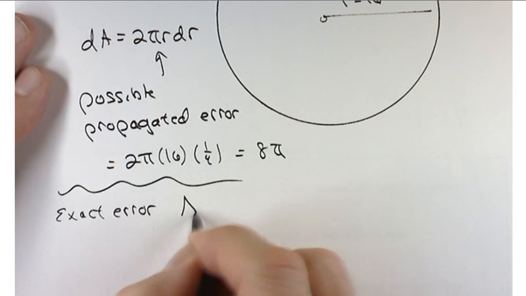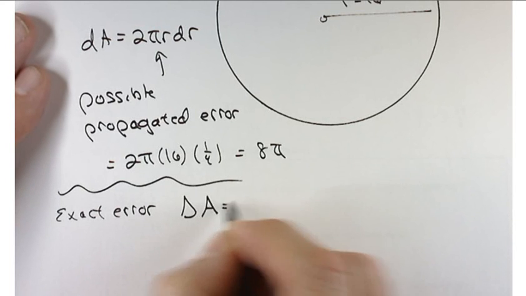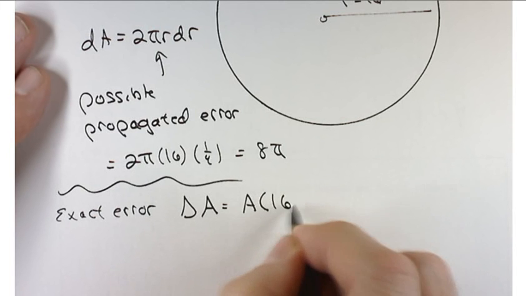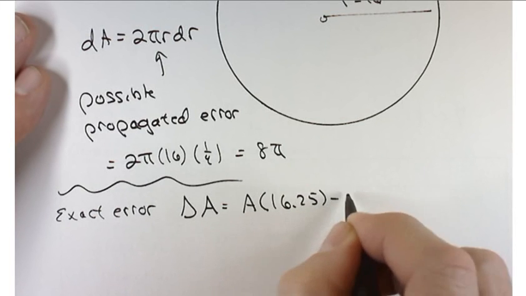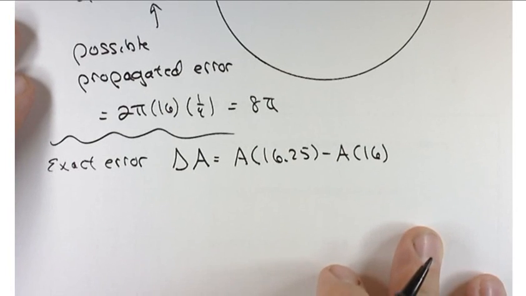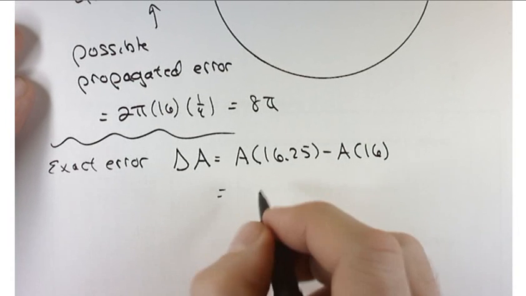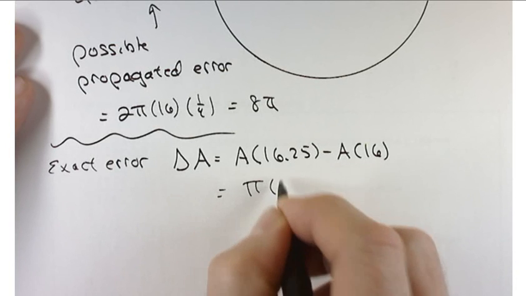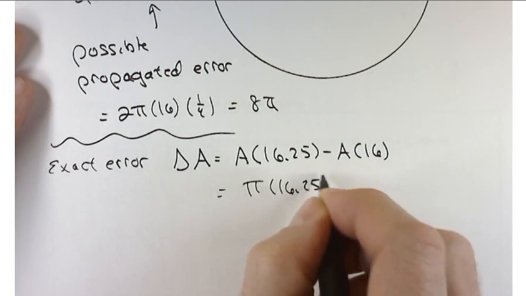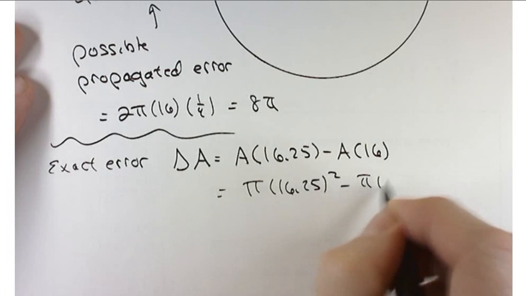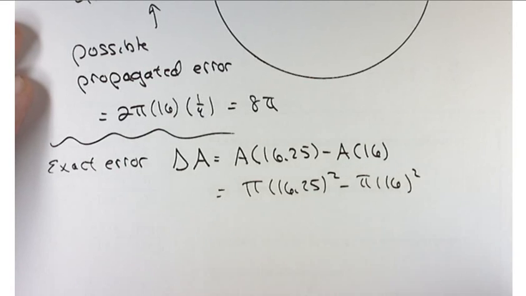It's going to be delta A. It's going to equal the value of the function at 16 1/4 minus the value of the function at 16. So that's going to be pi times 16.25 squared minus pi times 16 squared.